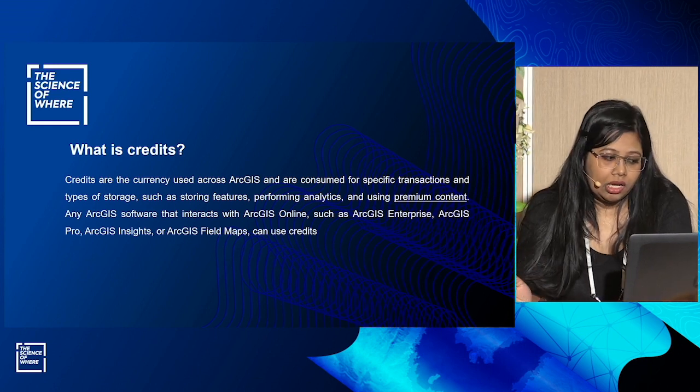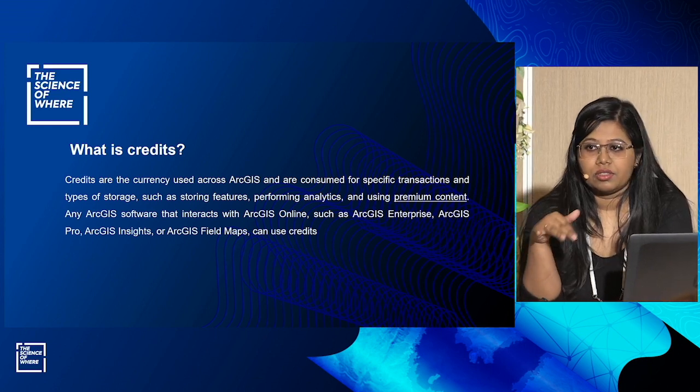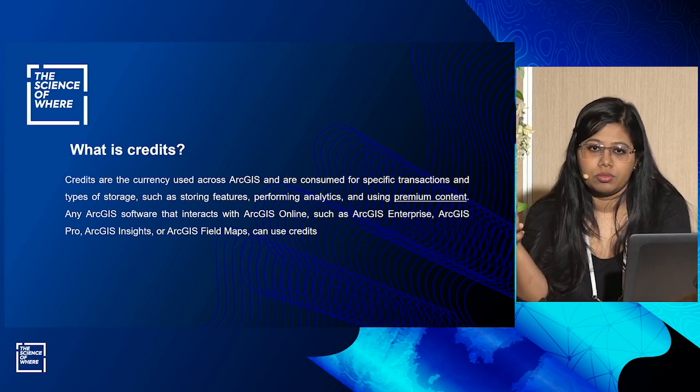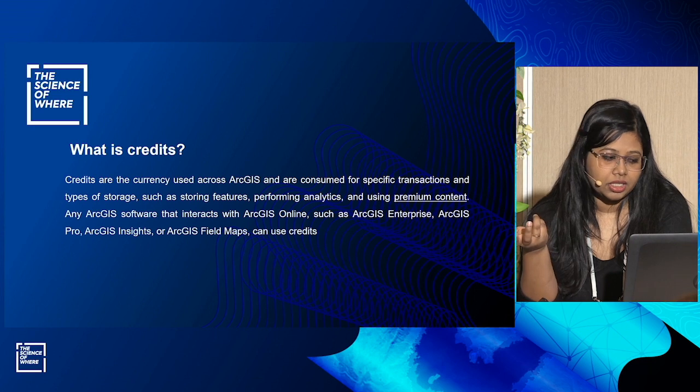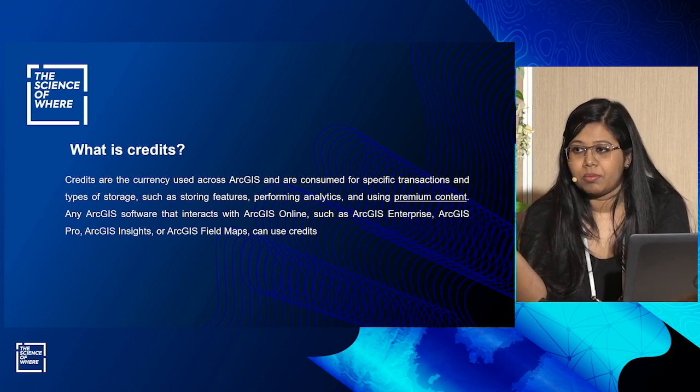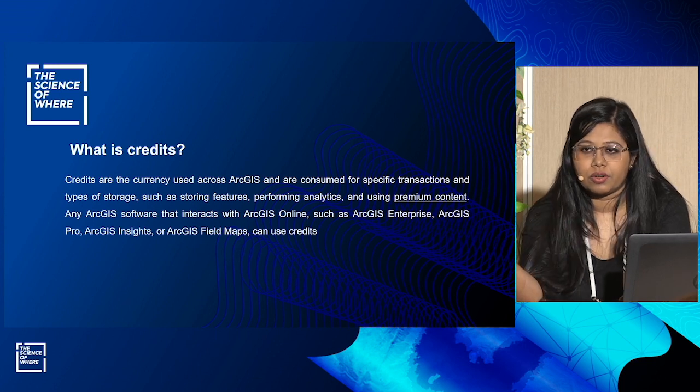So the credits are basically when you are using ArcGIS, most of you already know that you are consuming some type of credits, and sometimes it's a problem that we are going out of budget.